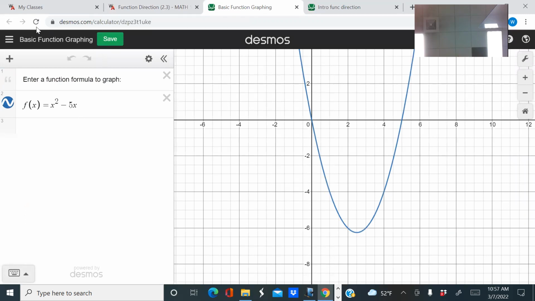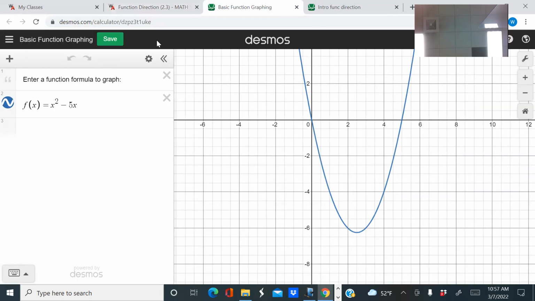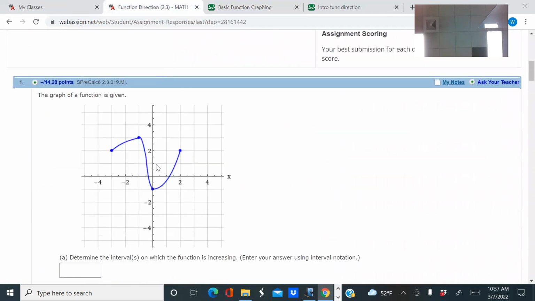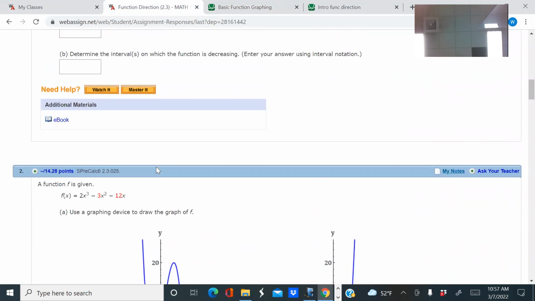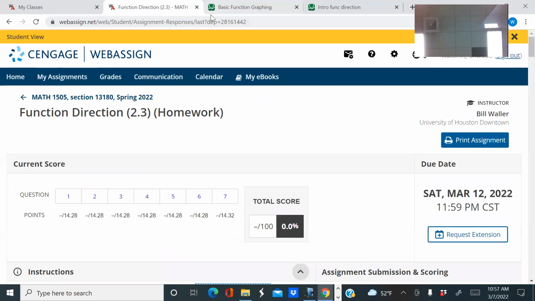Did anyone see what the formula was? Let's go back. Someone write this down for me. So 2x cubed minus 3x squared minus 12x. All right, got it? Let's try graphing that now.